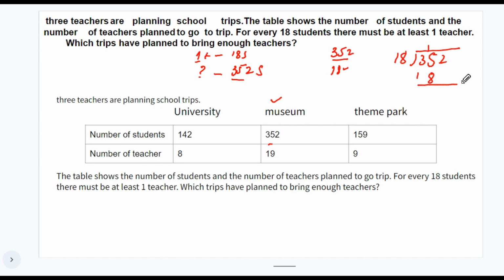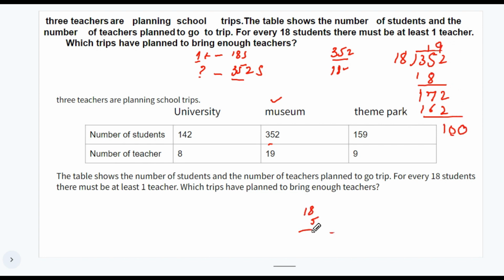The remainder will be 15 minus 8 is 7, 2 minus 1 is 1, and 172 is your remainder. So which number is near to 172 in the 18 times table? 18 times 9 is 162. The remainder will be 10. Okay, now put a decimal over here and a 0 over here.